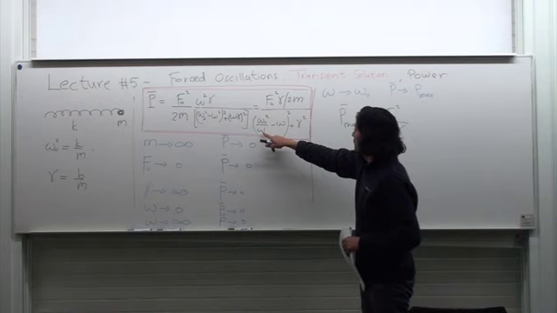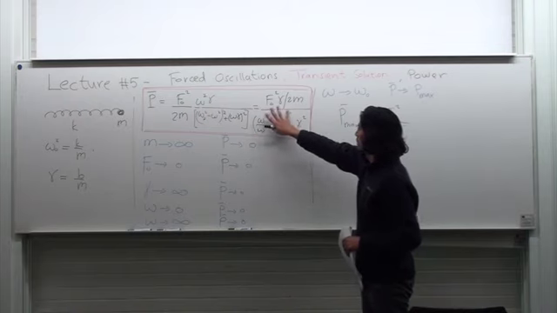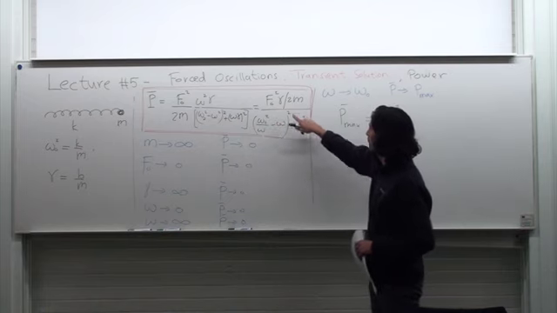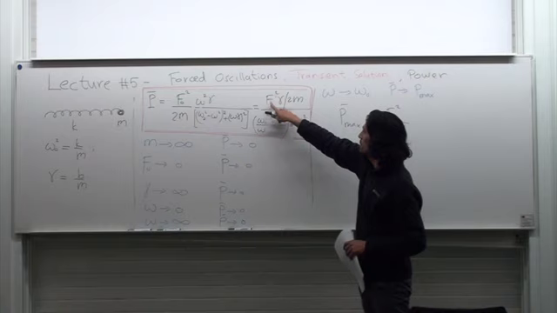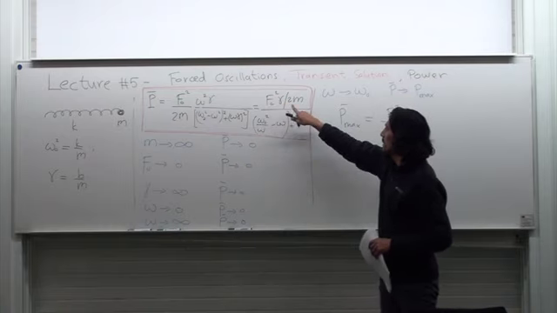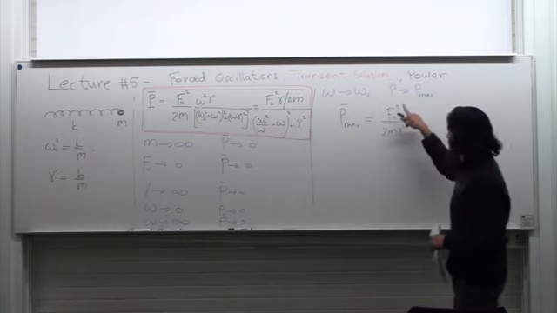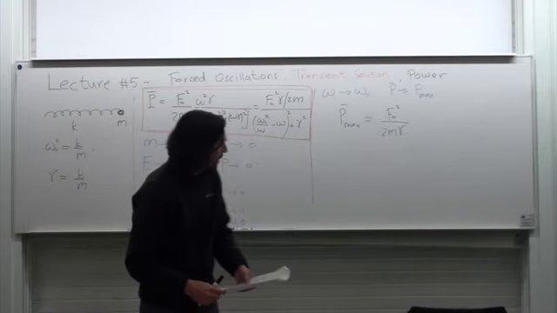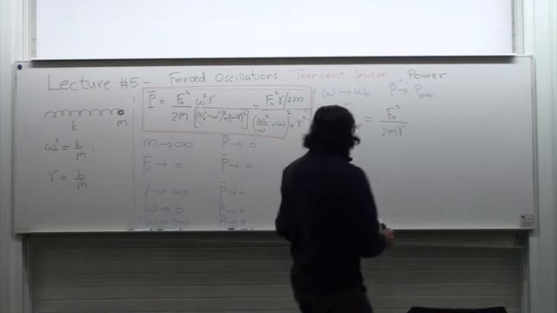If omega goes to omega 0, this would be omega 0 minus omega 0, this would be 0. We have omega squared here, we lose 1 omega with this one, we end up with f0 squared divided by 2m gamma. Okay, that's fine.